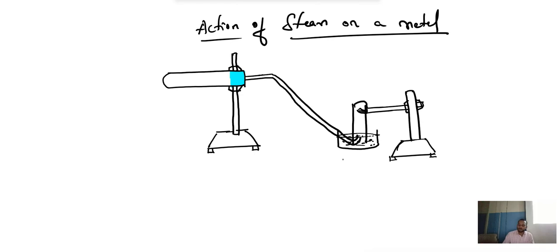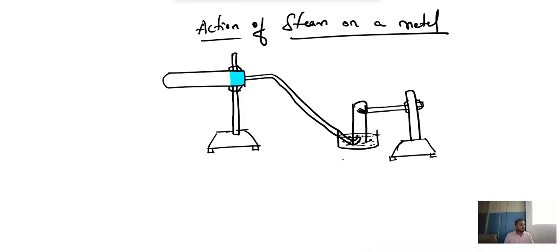Is this clear? This is the holder. It is holding this test tube. Any doubts with the diagram part? We have taken one horizontal test tube, rubber cork. This test tube is held with a stand.